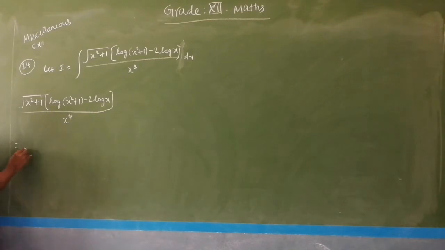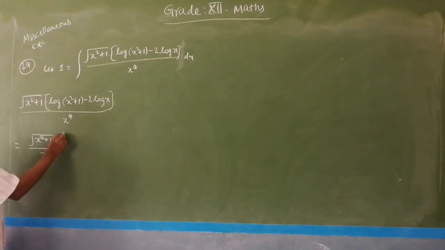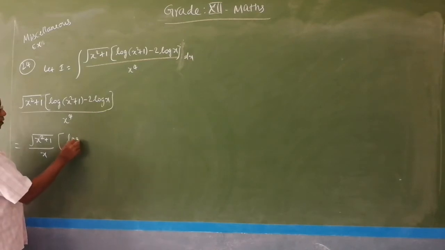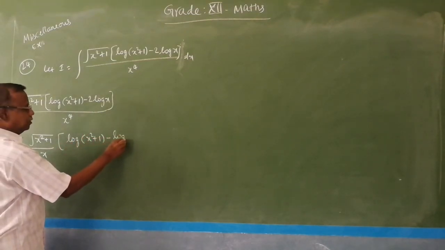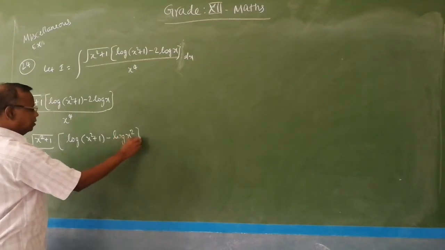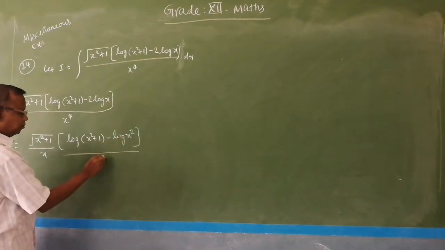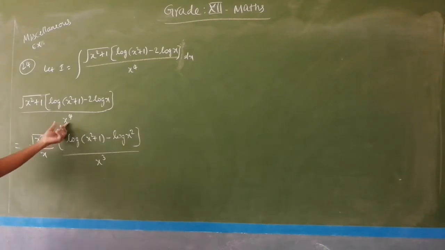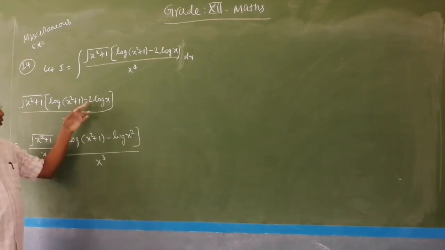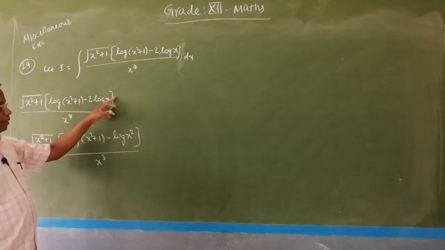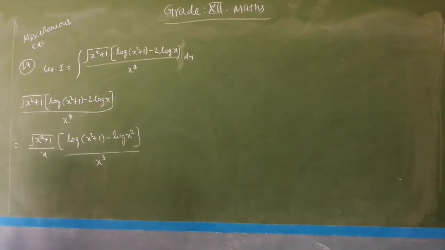This can be written as root of x square plus 1 divided by x into log of x square plus 1 minus log x square divided by x cube. That means writing x power 4 as x into x cube, and in the numerator the 2 becomes the power of x, that is log x square.